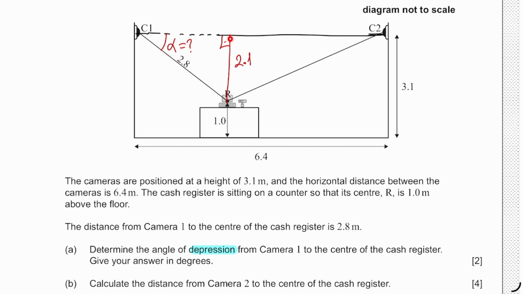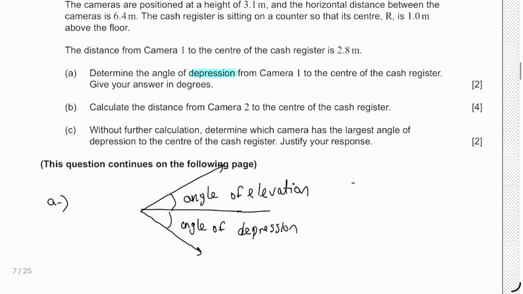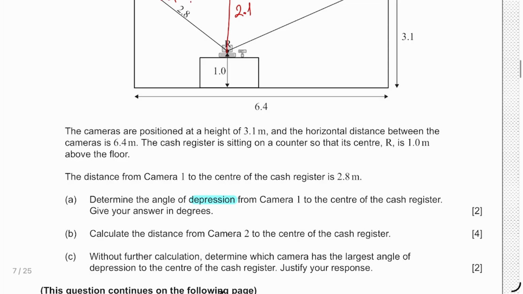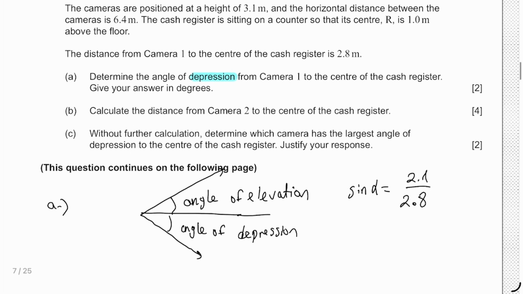I know the opposite, and I know the hypotenuse. Opposite over hypotenuse is sine, right? So sine alpha equals 2.1 over 2.8.